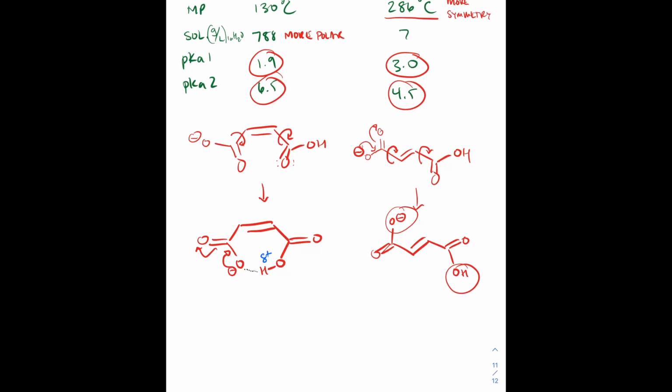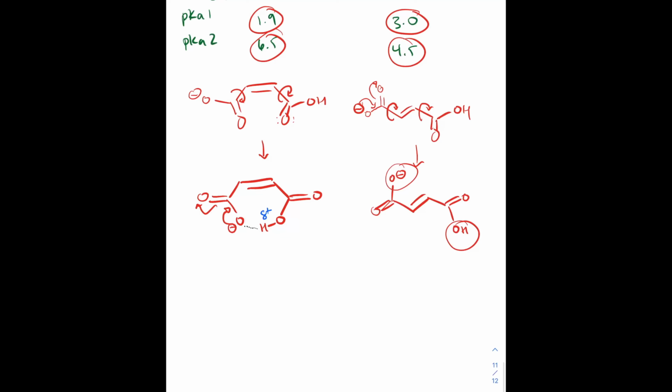So it's 10 times more acidic on the first proton, but it's actually 100 times less acidic on the other proton, or on the second one, right? And so why would that be? Well, if we remove that second proton, so let's do minus H plus, and then we would get, we're already set up to explain it perfectly, and there you go.